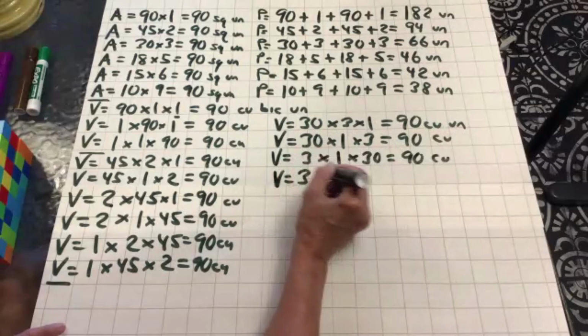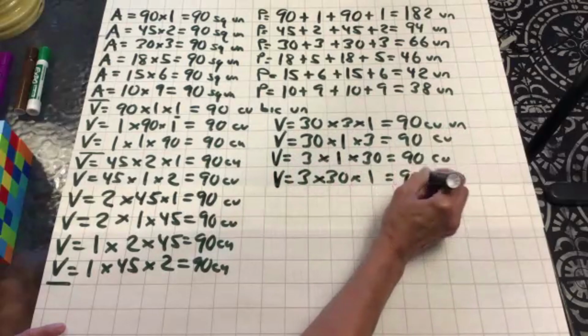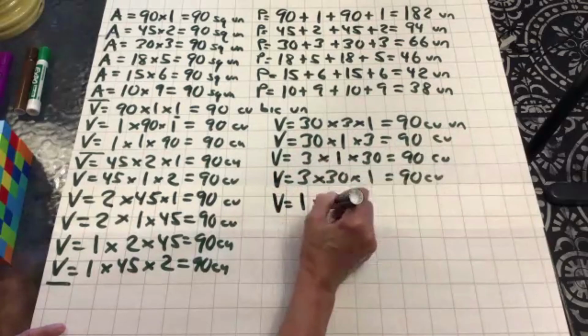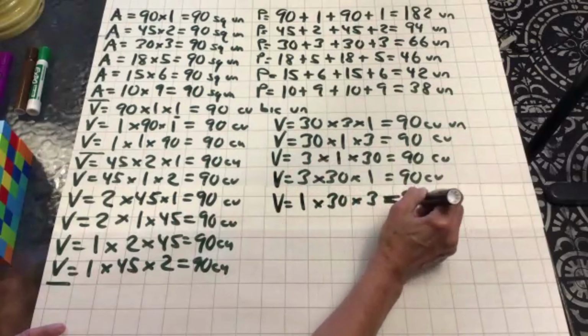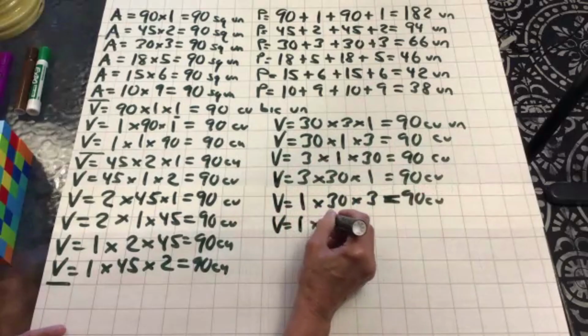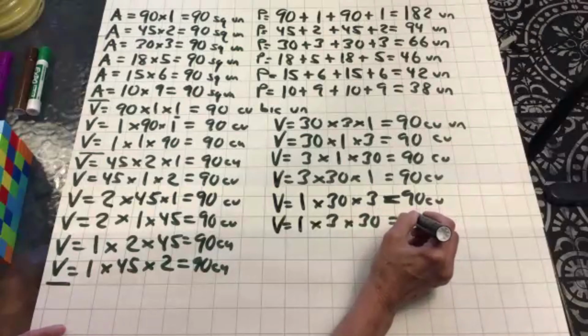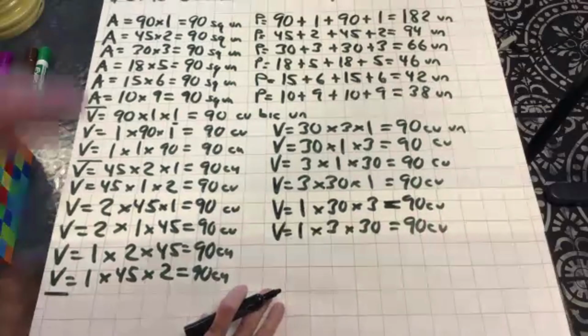We can do 3 wide by 30 deep by 1 tall. And we can do 1 wide by 30 deep by 3 tall. Oops, that's an equal sign. Sorry about that. And we can do 1 wide by 3 deep by 30 tall. So those are the 6 different ways we can make that work.